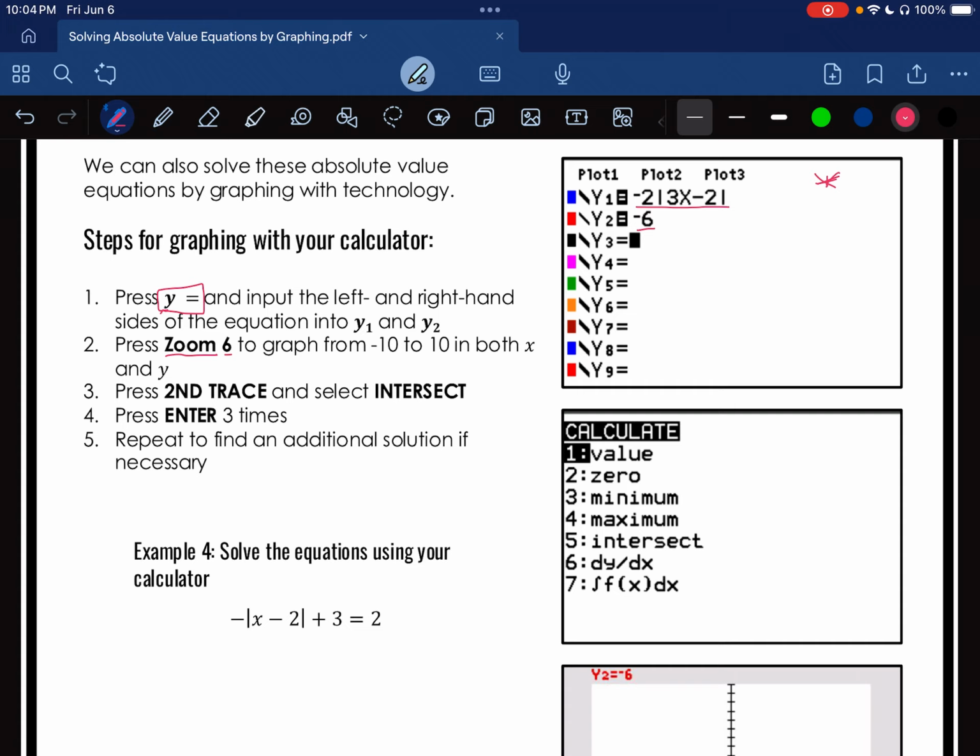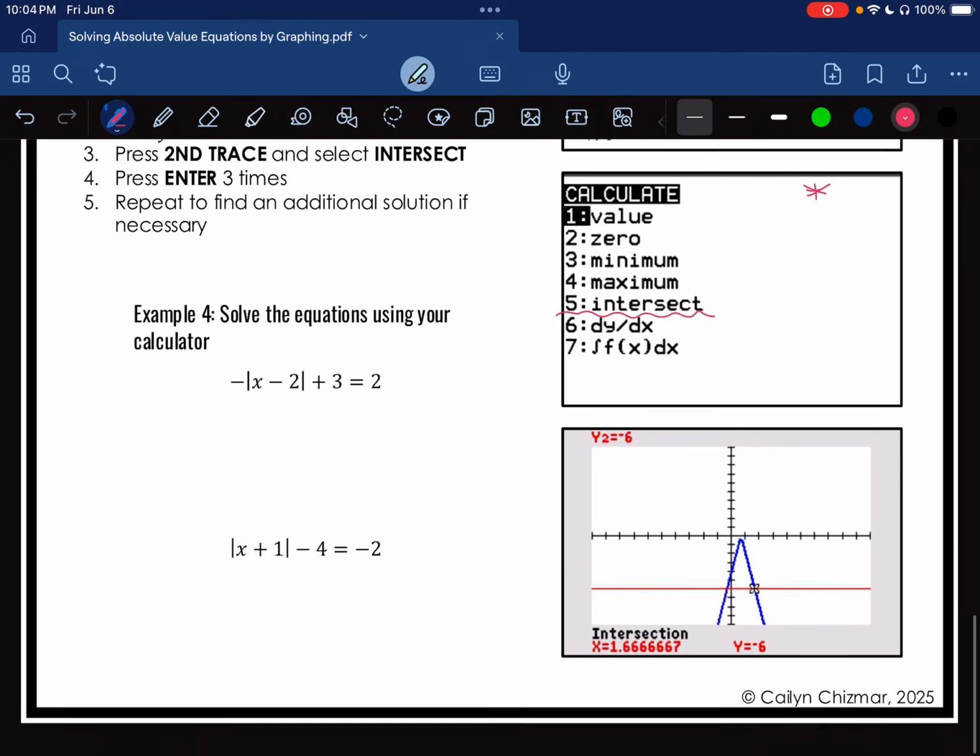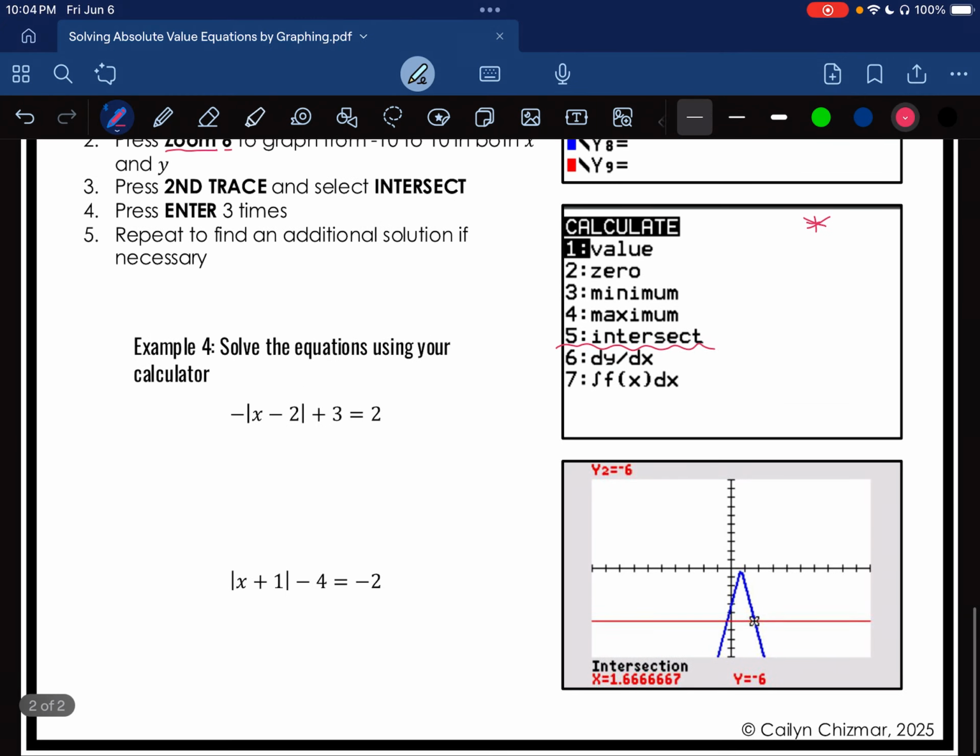If you hit second trace, it will bring up this screen right here. We want to use the intersect feature, and that is going to help us find the intersection points. It'll bring up something that looks like this. So this is our graph here.